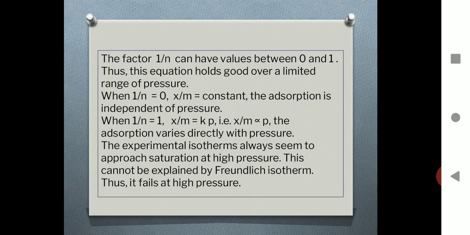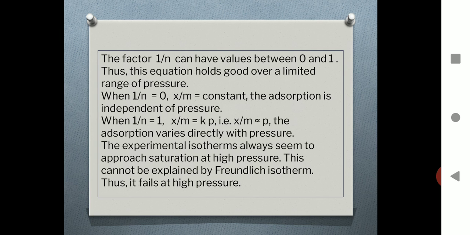This we can also see from the adsorption isotherm x by m plotted against pressure at constant temperature, and we see that at low pressures x by m is in fact directly proportional to pressure, but as the pressure increases, x by m approaches a saturation point, that is it becomes constant.